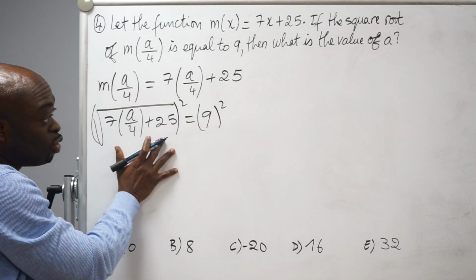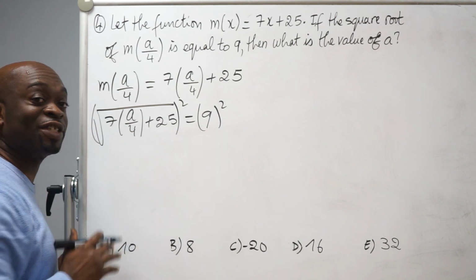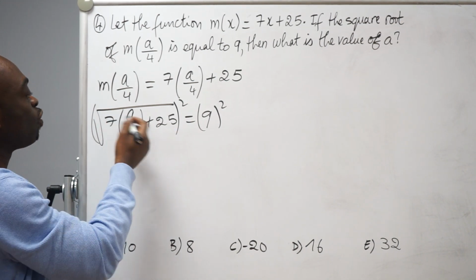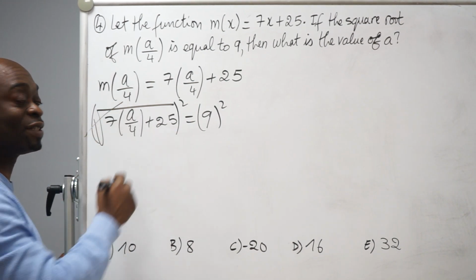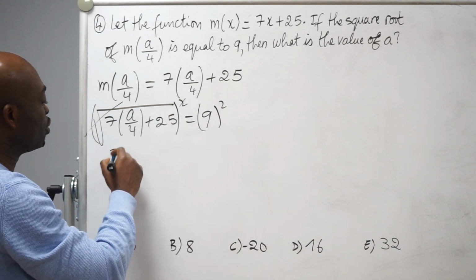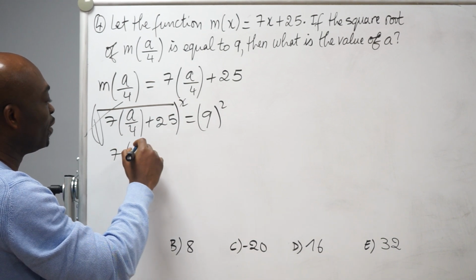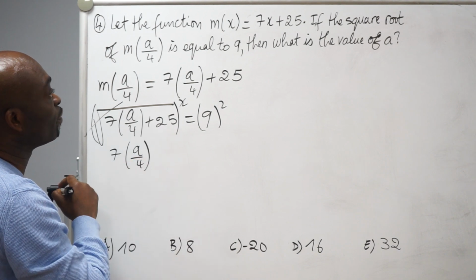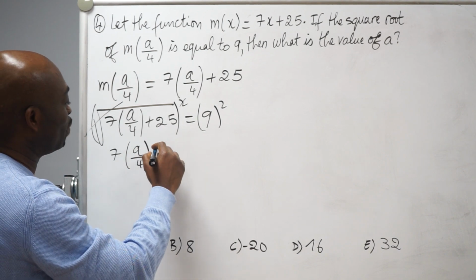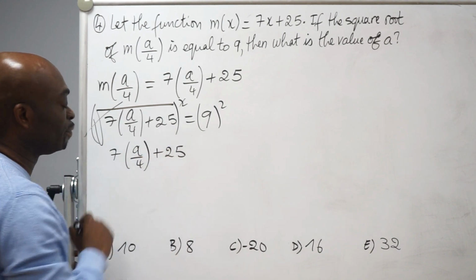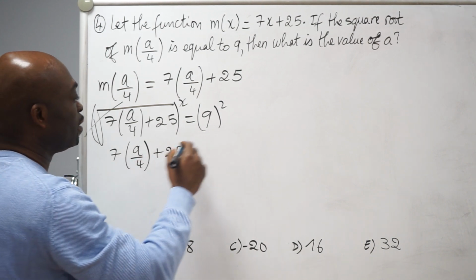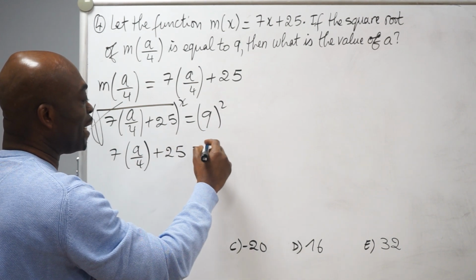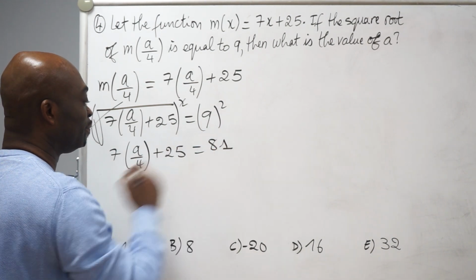Once we do that, the square root is gone with the square, and you end up with 7 times a over 4, plus 25, which is equal to 9 squared, which is 81.